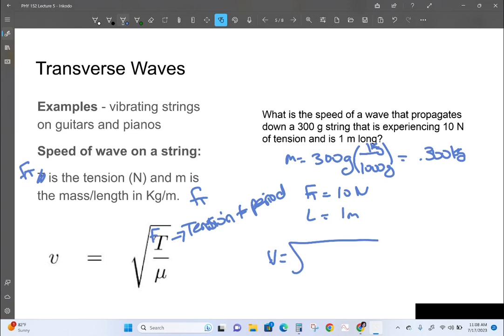So my speed of propagation would be the square root of 10 newtons divided by mu, which is your mass per unit length, or 0.300 kilograms per 1 meter, which is 0.300 kilograms per meter.